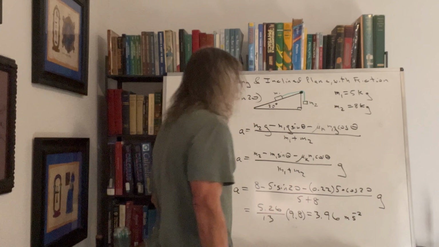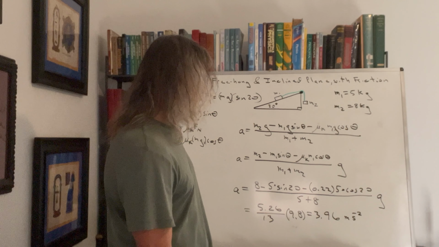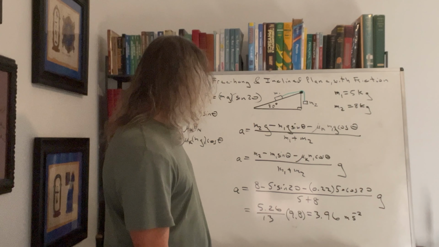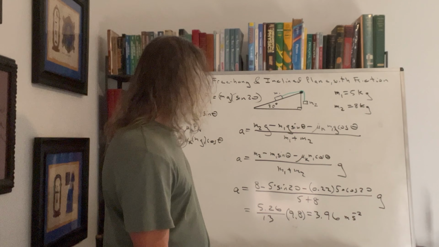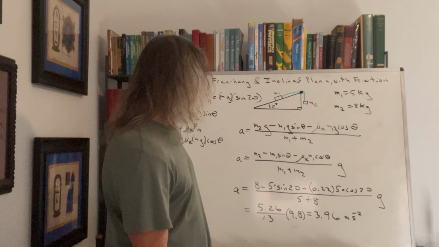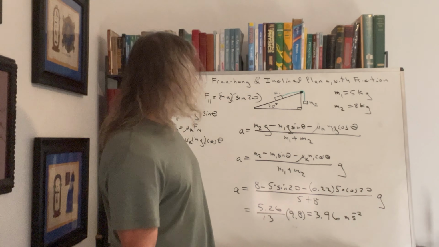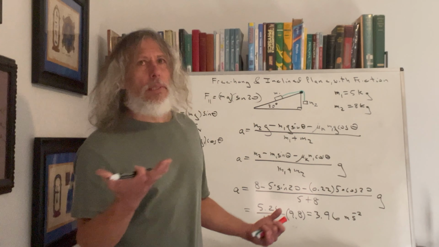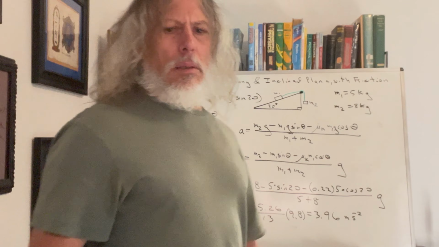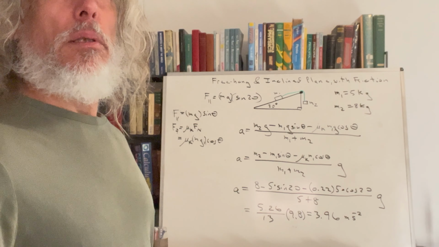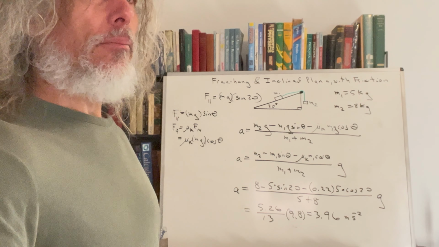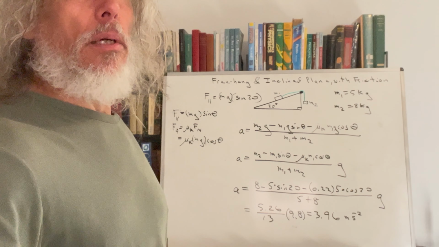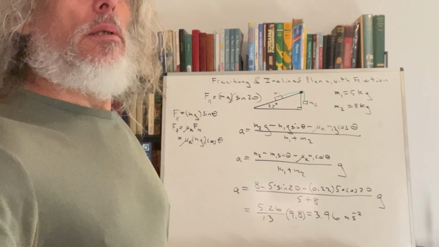Meters per second squared. Like in IB speak, that's the negative 2. So acceleration, positive 3.96. Remember, positive means to the right, we're going down to the right, as we had thought. It's just scaled because of the angle and the friction.